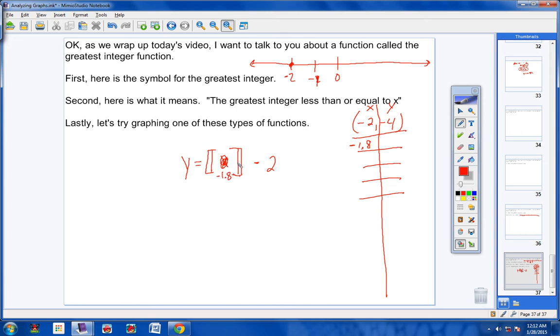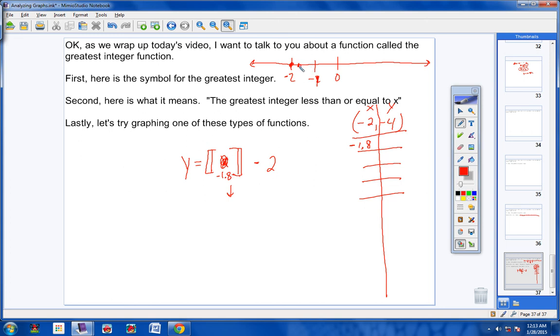So whenever you put a decimal into this, you have to get out an integer. You have to. So the question is, when I put in -1.8, do I change it to a -2, or do I change it to a -1? In other words, I'm putting in -1.8. What integer do I change it to?